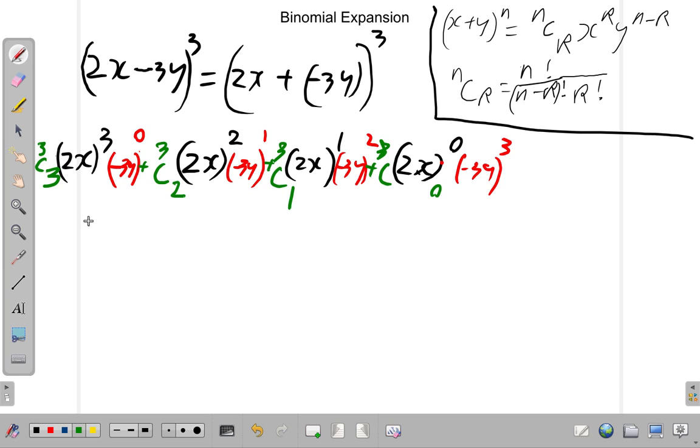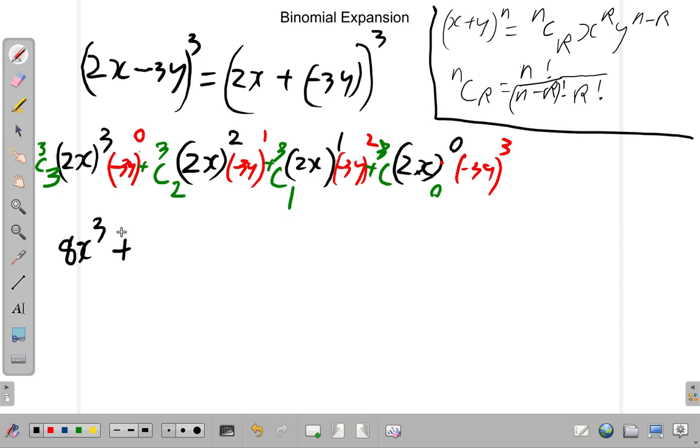Alright. So, what you'll have here is 3c3, which is 1, times 2x cubed, which is 8x cubed, times negative 3y to the 0. We can leave that out.